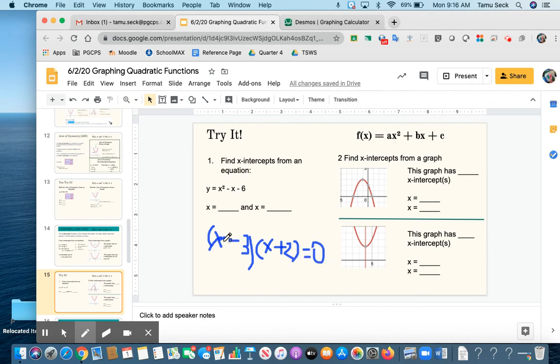Why? Because you're looking for two numbers that multiply to -6 but add to -1. So -3 times 2 is -6, and -3 plus 2 is -1. And then when we make them equal to 0, x minus 3 is equal to 0, so x is equal to 3. And x plus 2 is equal to 0, so x is equal to -2.